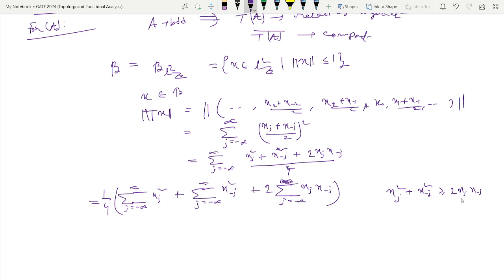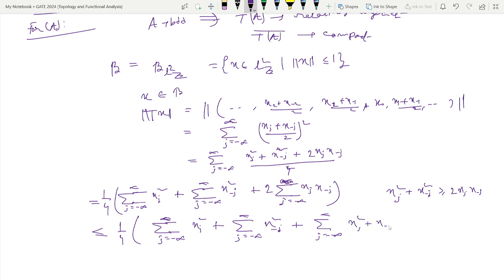So using this inequality we get this is less than or equal to 1 by 4 times the summation of xj square plus the summation of x minus j square plus the summation of xj square plus x minus j square.